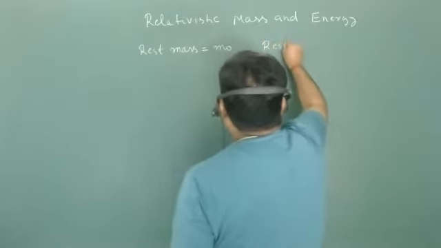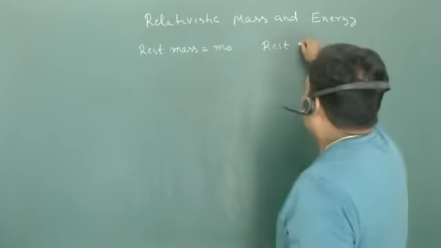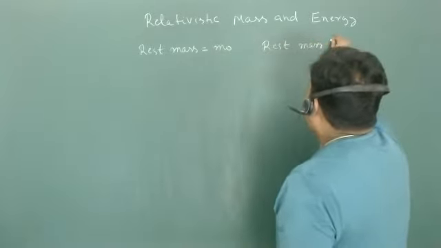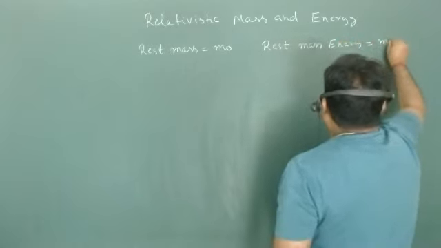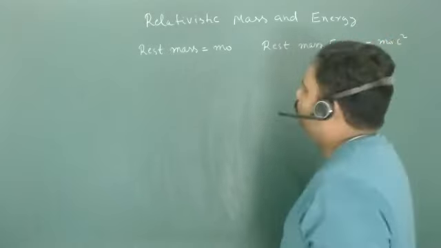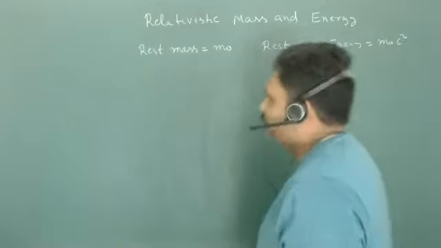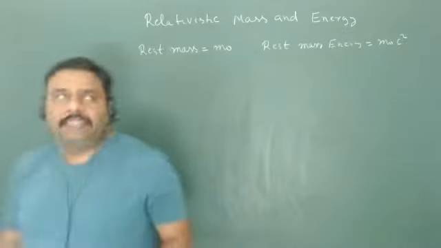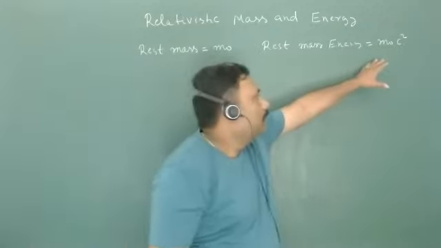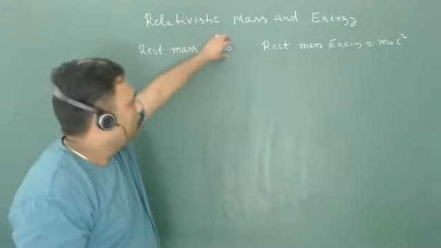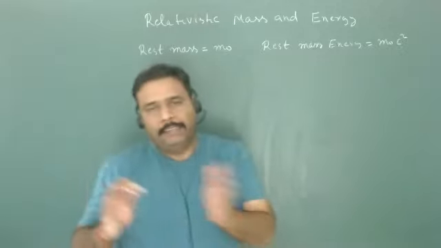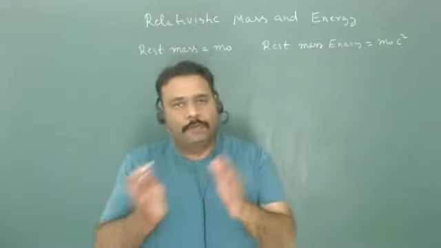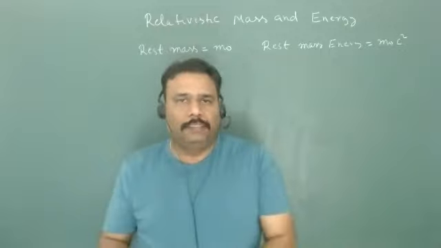The equivalent rest mass energy will be m naught c square. You can extract this much energy if the rest mass of the particle is m naught. So we can write energy in terms of mass or mass in terms of energy.